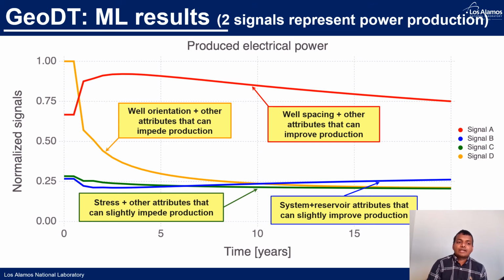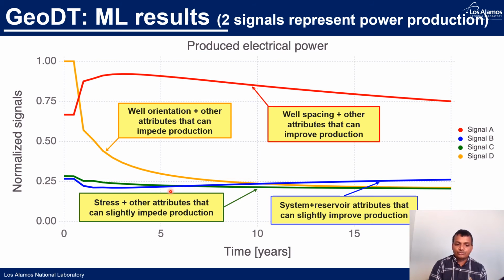Here you can see how the 4 signatures are related to the produced electrical power. One is with well orientation and other attributes, and the red one is the well spacing.